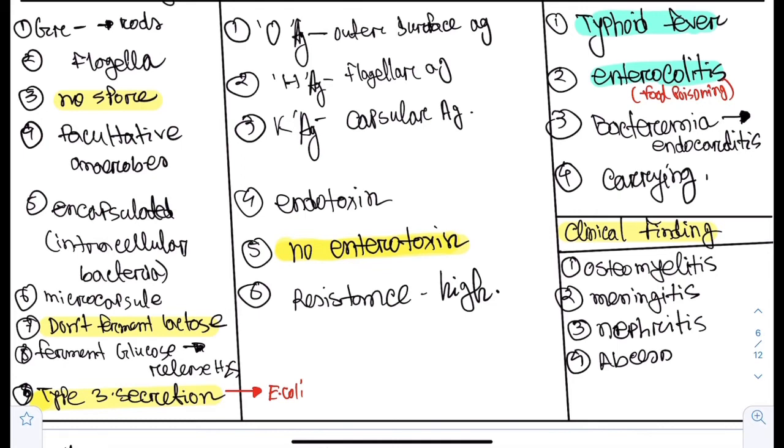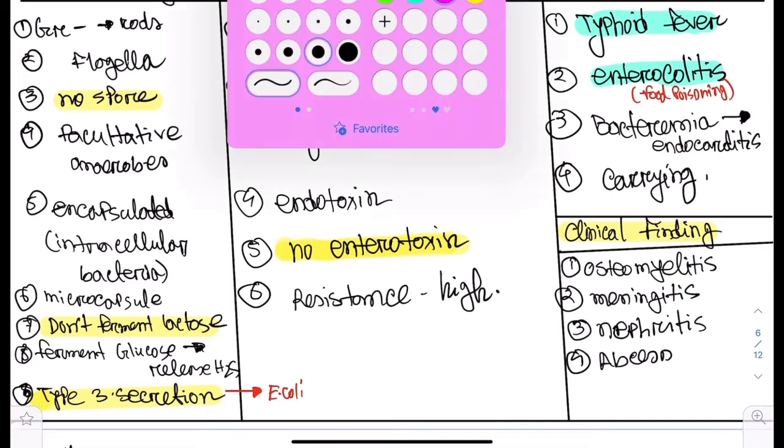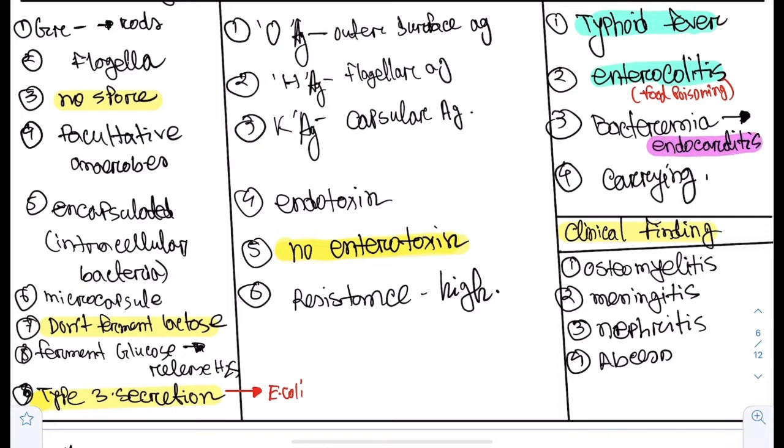We need to guess that unless the patient goes to the hospital for a stomach check and stool examination. Then salmonella also causes bacteremia, also known as sepsis, because the bacteria is in the blood. And eventually this bacteremia can also cause endocarditis, which is really common.